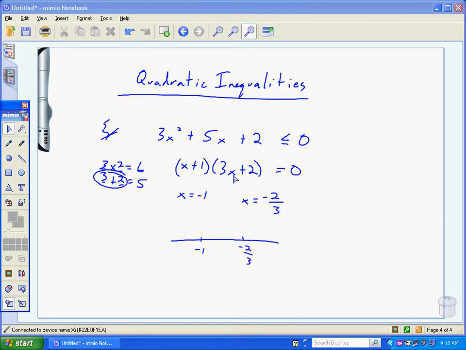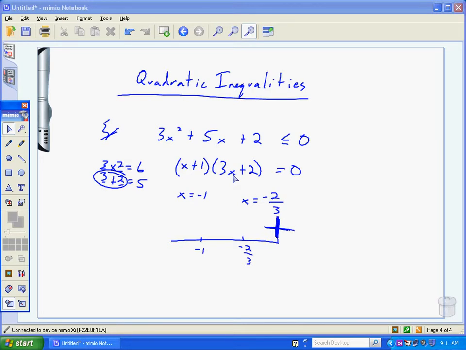Now what? No, don't draw the arrows yet. We got to find something out first. Check the regions. So what number do we want to test? 0. Let's plug in 0. 0's over in this region here, right? So I get a positive.